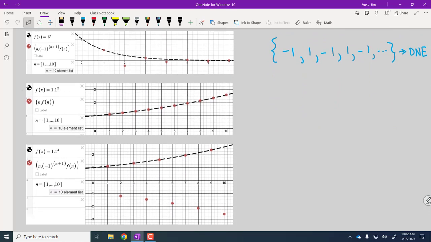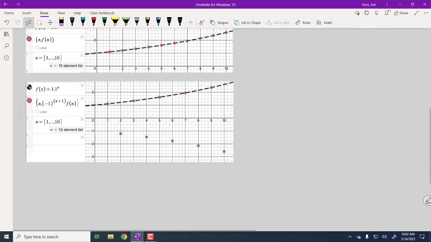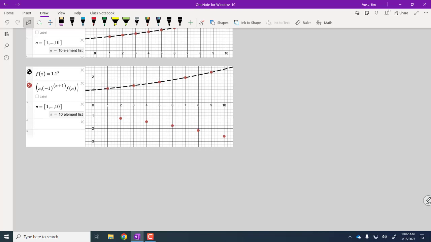1.1 to the x, that's our continuous curve right there. And the sequence that's embedded in it will have 1.1 and then 1.1 times 1.1, 1.1 raised to the 3, 1.1 raised to the 4. Clearly, that's going to diverge. We've taken a number bigger than 1 and multiplied it by itself. That'll diverge. If we take our same ratio except put a negative in front of it, so negative 1.1.